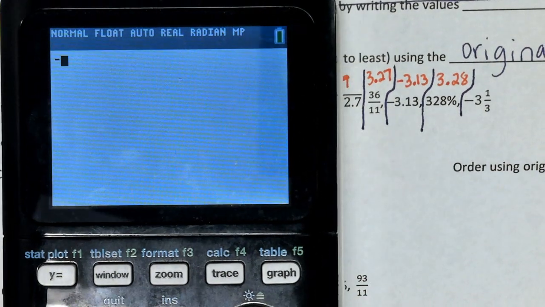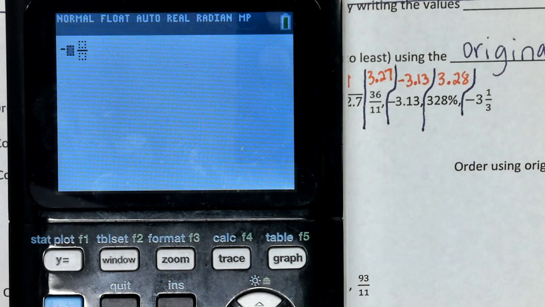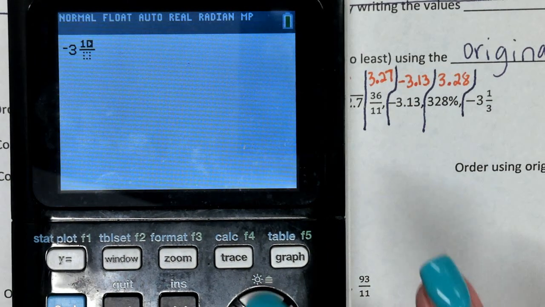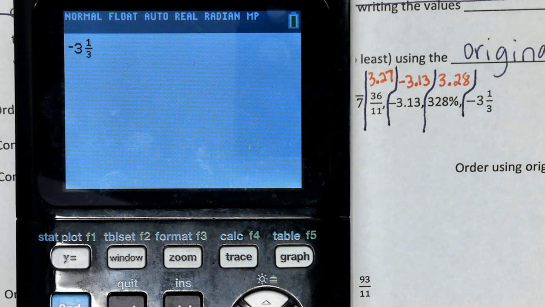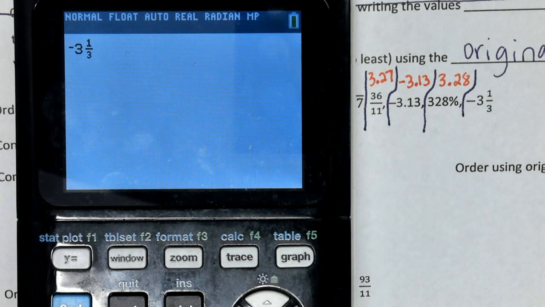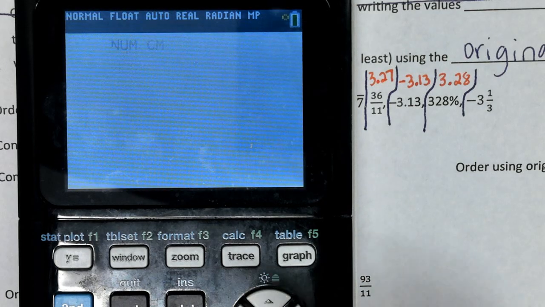So negative, alpha y equals option 2, 3 1/3. So math, decimal, enter.